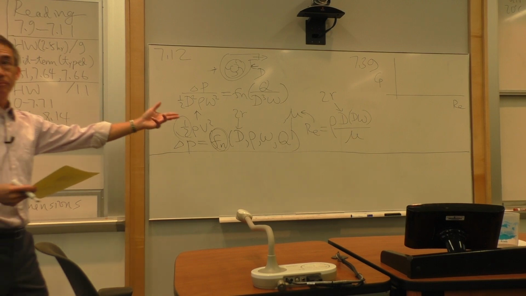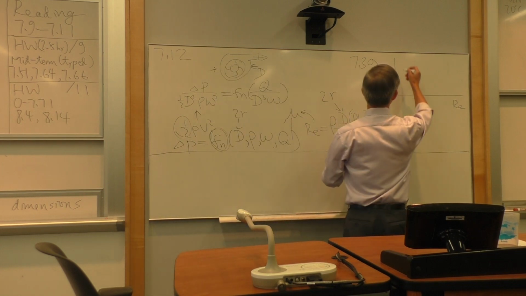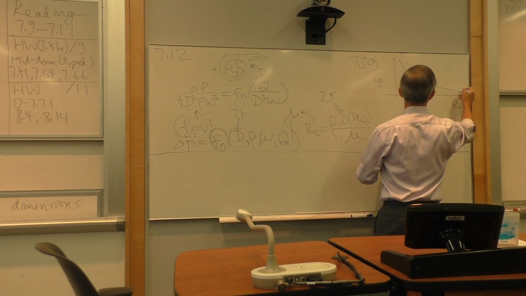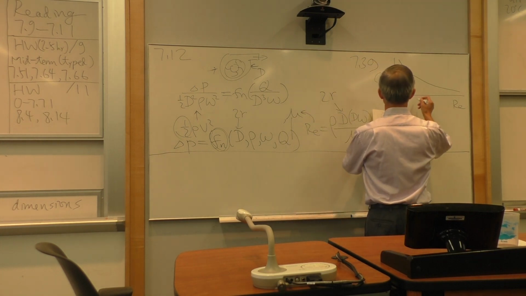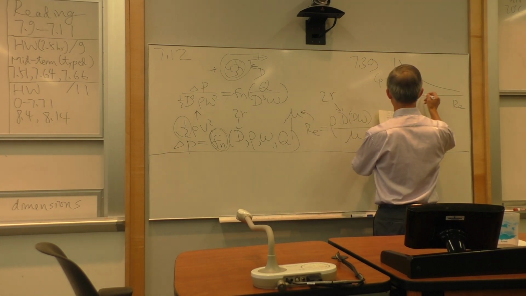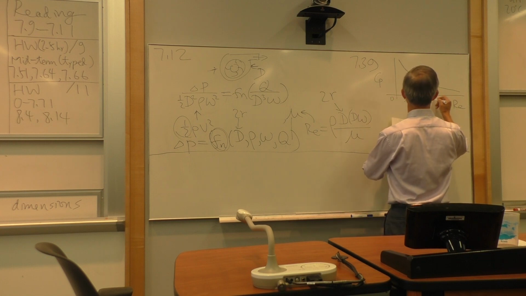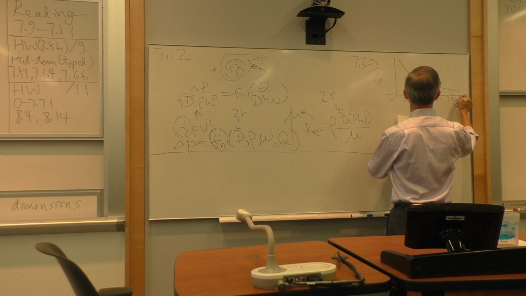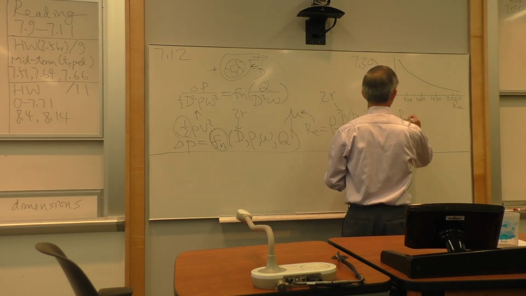So this is a preview of what is to come for chapter 8. If you plot this data, it behaves like this. On the linear scale, the Reynolds number, which is the essence of why I repeat this, is less than 2,000. So Reynolds number less than 2,000, we mentioned that last time.